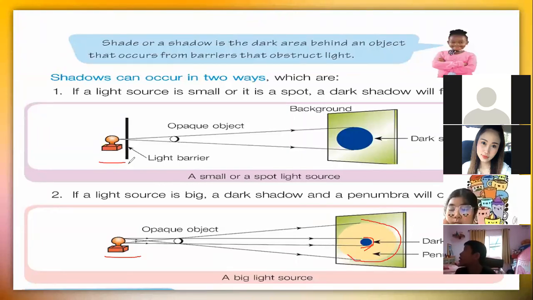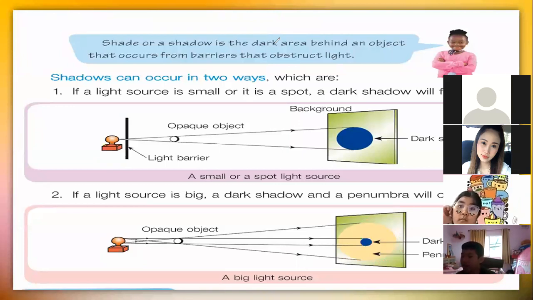Penumbra is a partially shaded area at the edges. So these are the two different ways. Okay, students, do you understand that? What will happen with the small light source and with the bigger light source.